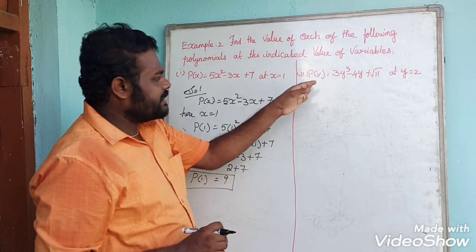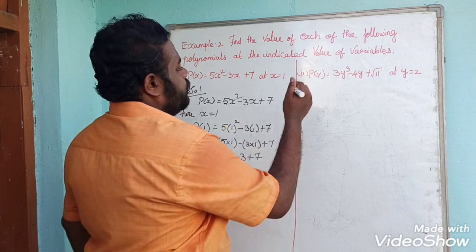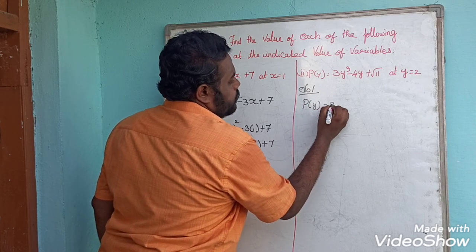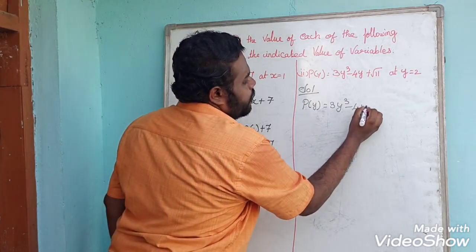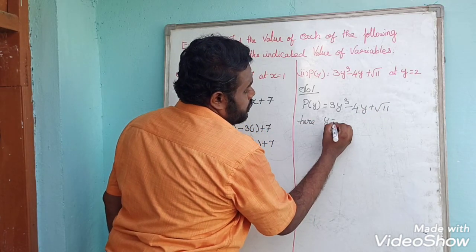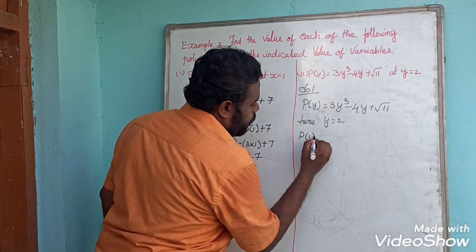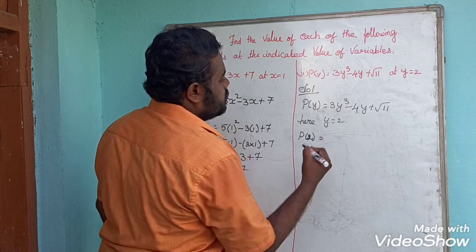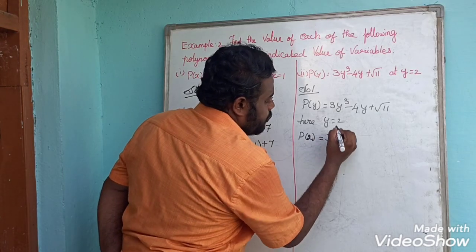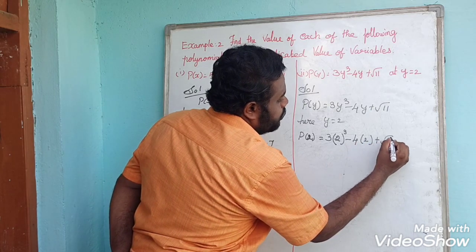In the same way, here the variable is y. Instead of y, we have to substitute 2. Solution. P of y equal to 3y cube minus 4y plus root 11. Here we substitute y equal to 2. So p of 2 is equal to 3 into 2 whole cube minus 4 into 2 plus root 11.